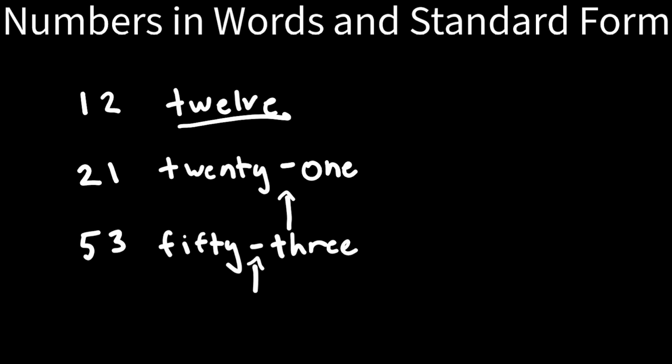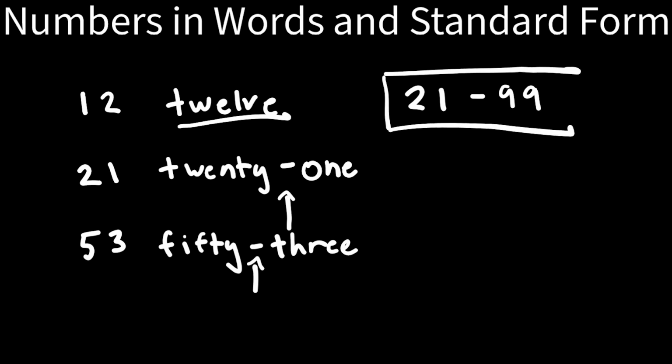So basically the trick here that you should remember is the numbers 21 through 99, all the numbers in between this range have hyphens. So 21 has a hyphen, 53 has a hyphen, 43 has a hyphen, 72 has a hyphen. These all have hyphens. Now numbers 0 to 20 do not have hyphens.